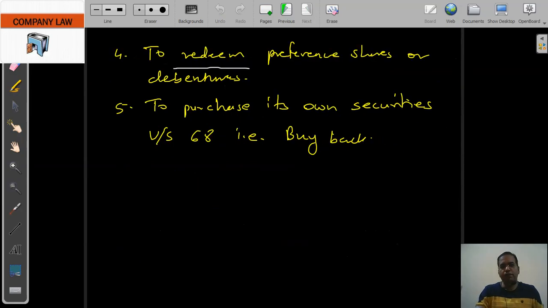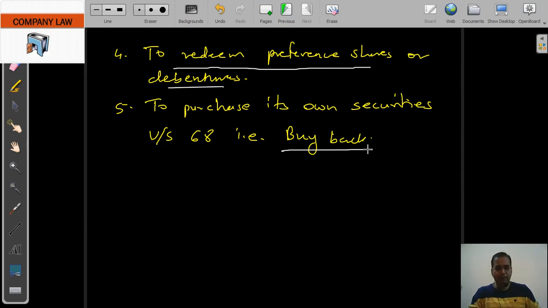And to redeem preference shares or debentures. So whenever the redemption happens, the company may utilize the funds of securities premium account. And also in case of buyback, which is a provision we are going to talk about in detail. So this is my issue of shares at premium.